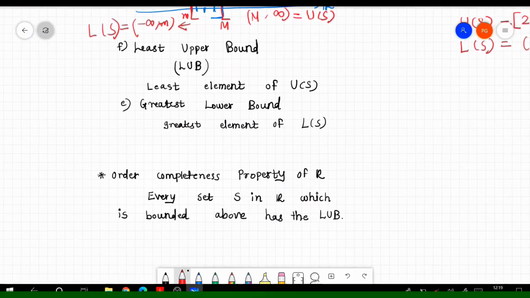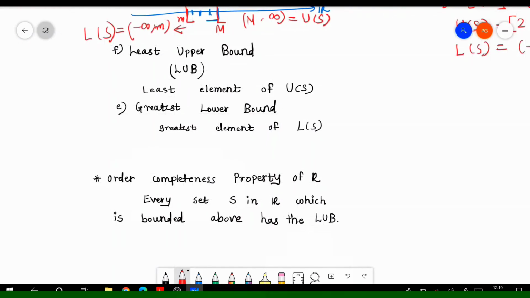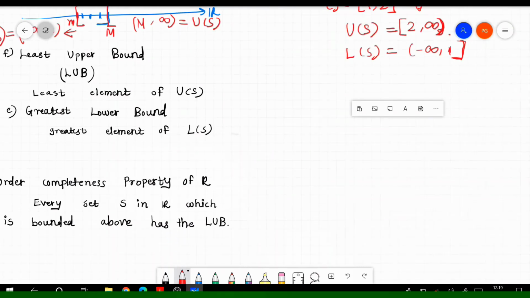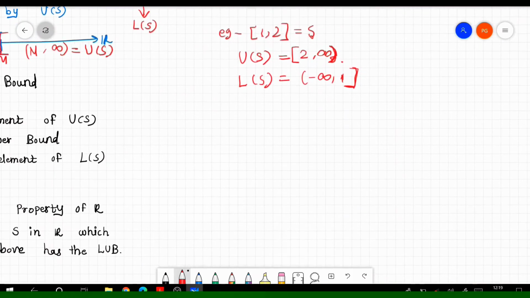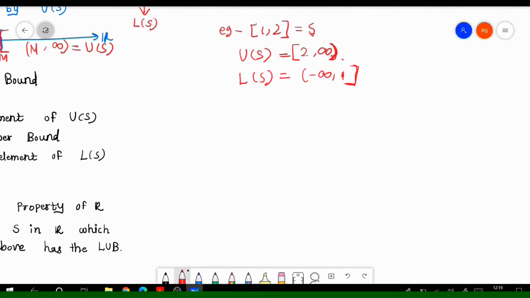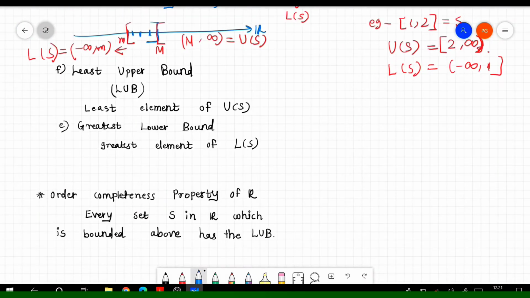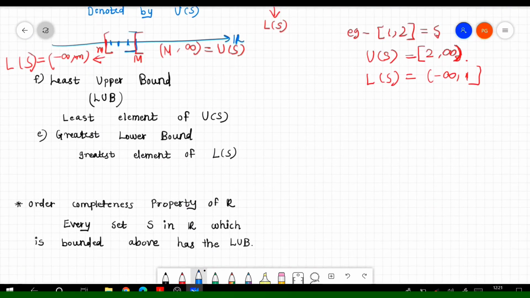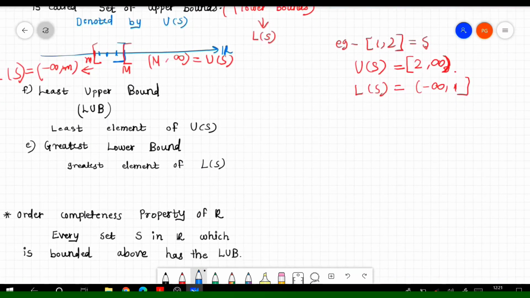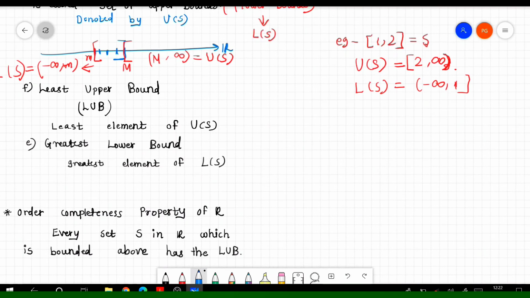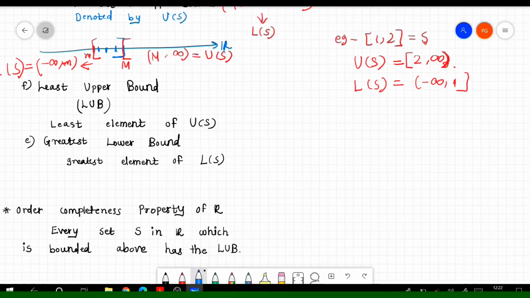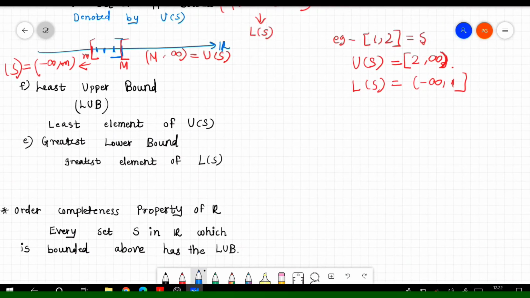Now let's see what is the least upper bound. Now understand this concept very carefully, because it is an important concept, and with complicated examples it might confuse us.